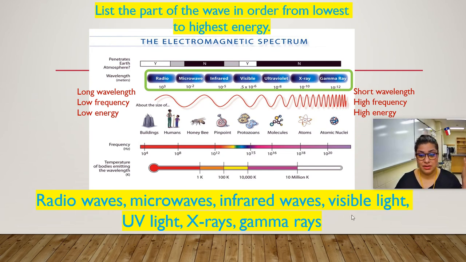Just label them in order. Simple, no tricks. All you have to do first is figure out which end of the spectrum is your long wavelength, low frequency, low energy, and which is short wavelength, high frequency, high energy. Okay.